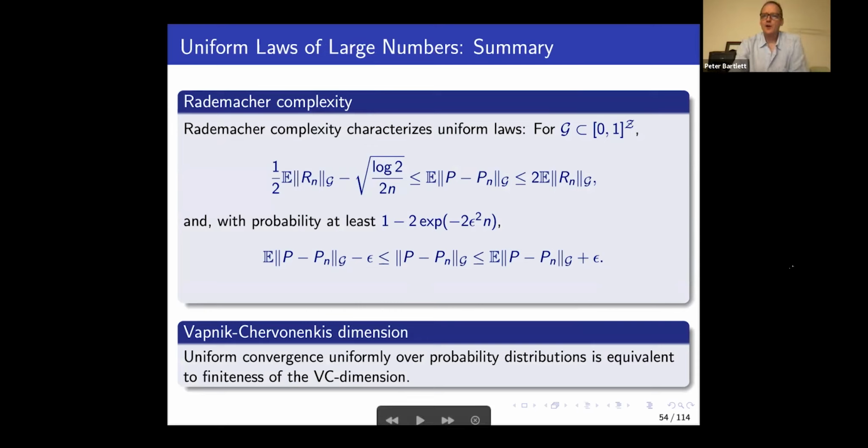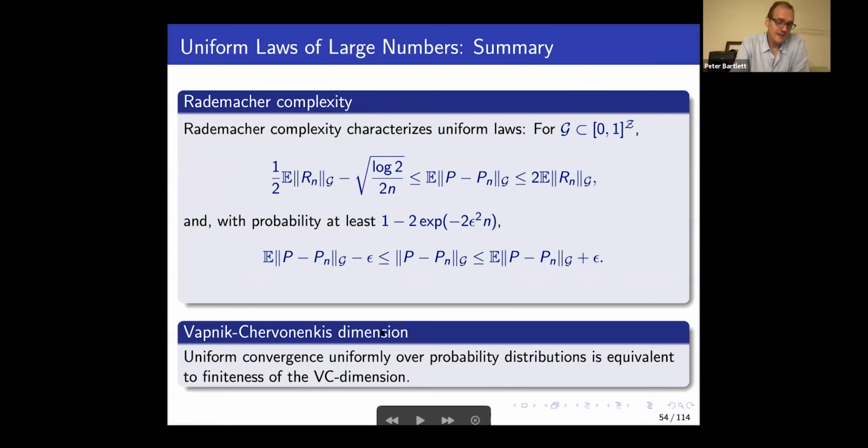Okay, so just to summarize what we've seen for the Rademacher complexity: if we're interested in these maximal deviations between expectations and sample averages, they're tightly concentrated around their expectations, and their expectations are closely related to the Rademacher complexity. So the Rademacher complexity is really the right quantity for understanding the maximal deviations.